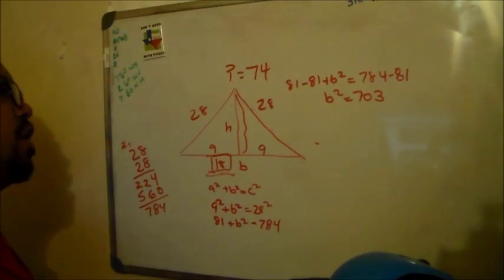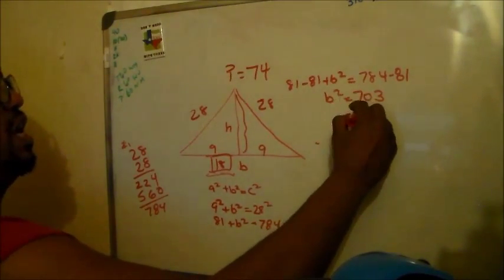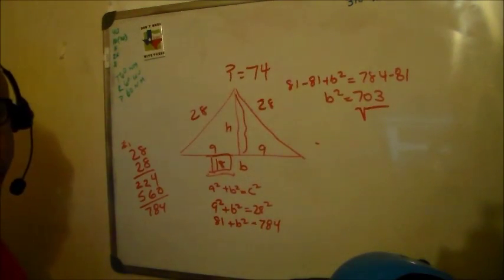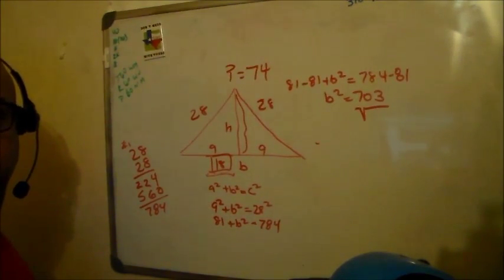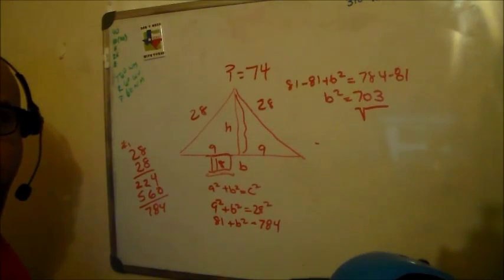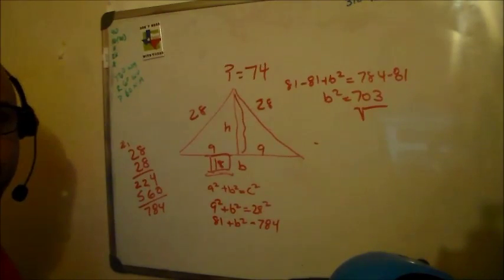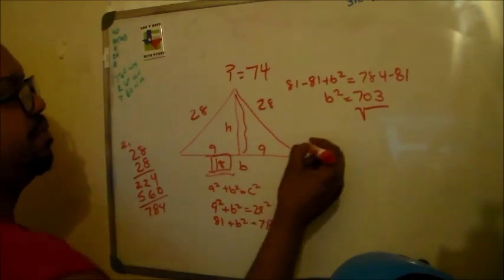So if you take your calculator, you enter in 703, and then you put in the square root symbol. 703, square root symbol. We get 26.51.